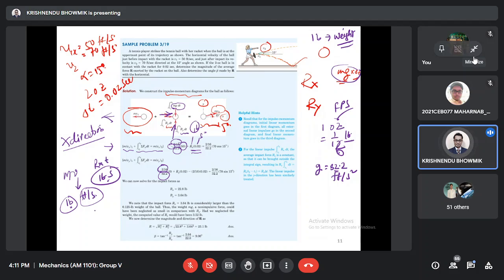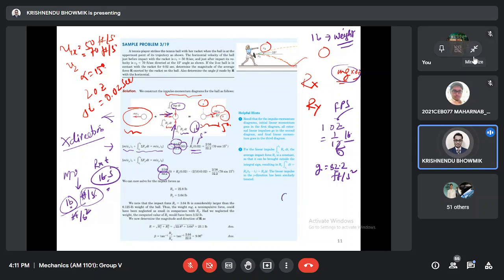So what we did to get this equal to this unit, pound second, we have divided by foot per second square. Then this and this will be cancelled out, and this will be second. So it will be pound second.